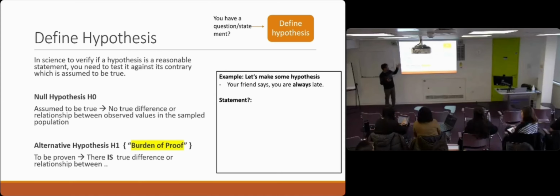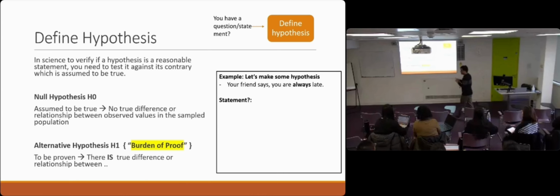And to prove it, you have to perform a test against its contrary, right? Let's say I make a hypothesis that this cup of coffee or this style of coffee is best for health. That's a statement, and I can't just say it, I have to prove it against the contrary, that this is not the best, right?